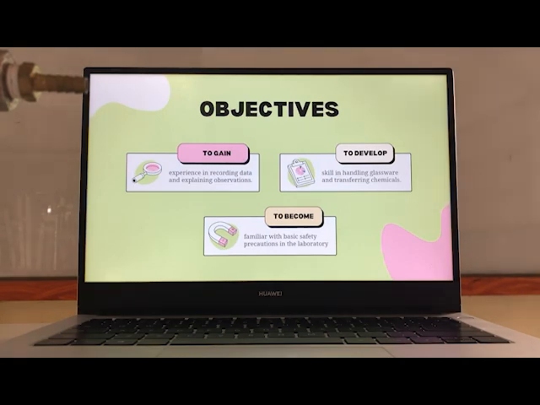Second is to develop skills in handling glasswares and transferring chemicals. Third is to become familiar with basic safety precautions in the laboratory.